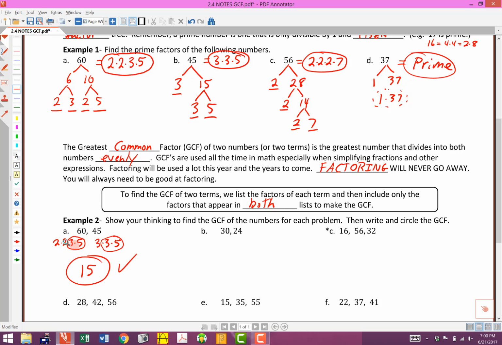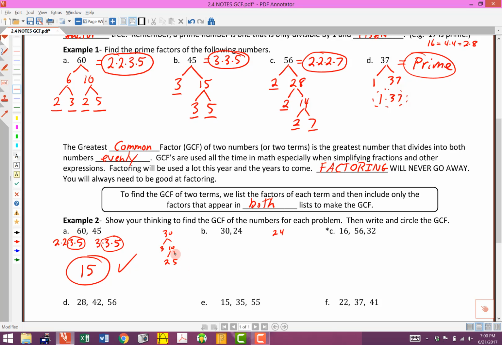Now, we got a little bit of help because we had done that work earlier with 60 and 45, but let's do 30 and 24. We haven't done this. Now, if you need to do a factor tree for each one of these, that's totally okay. You can write one off to the side. You could do 30 over here and 24 over here, something like that, and then we'll say, let's see, that would be 3 times 10 and then 2 times 5.